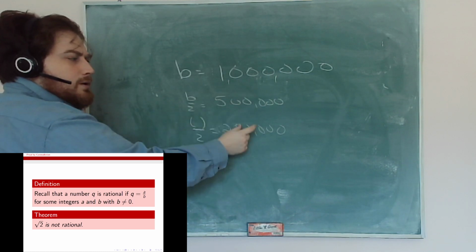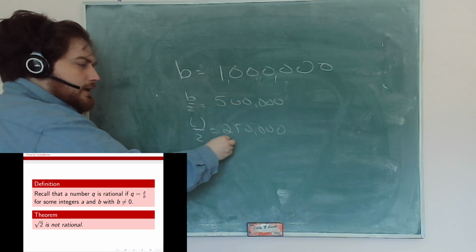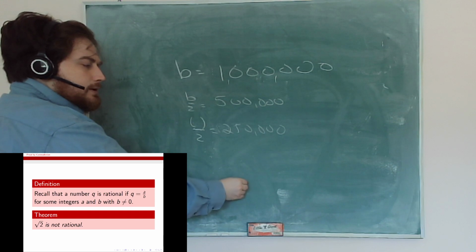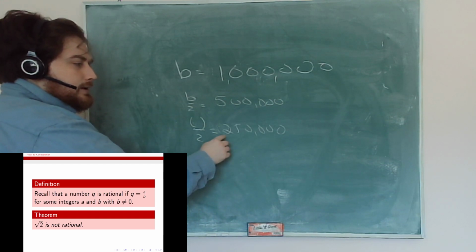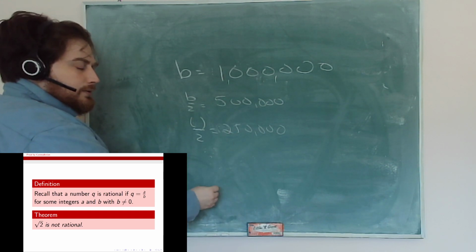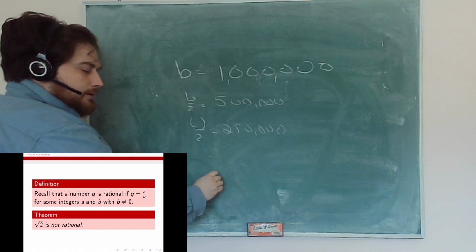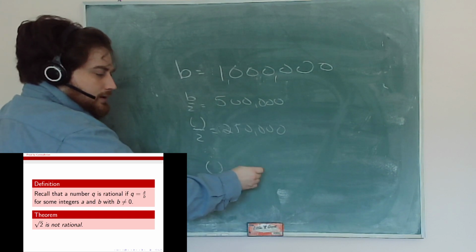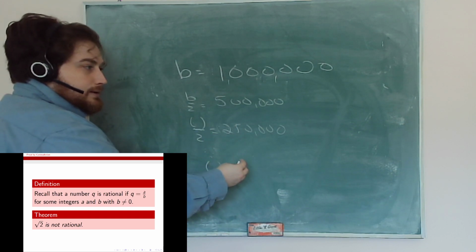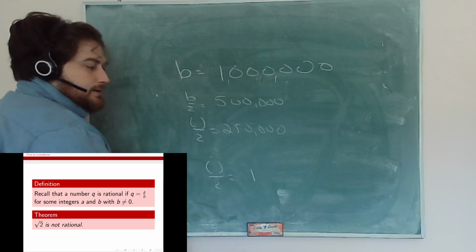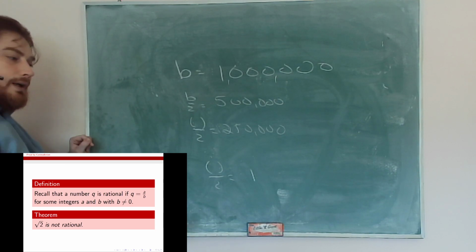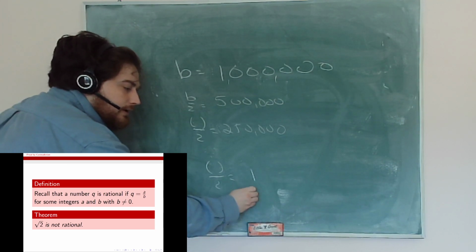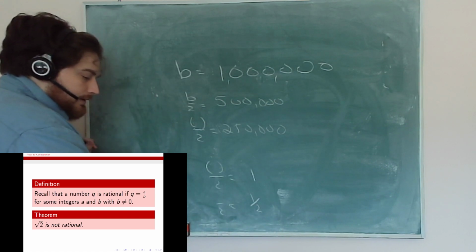I'm going to get smaller and smaller and smaller. Now, eventually, if I keep dividing by 2, I'm going to end up somewhere where, if it's an odd number, that's enough, but eventually it has to be 1, for example. And if I divide by 2 again, I get, say, 1/2.